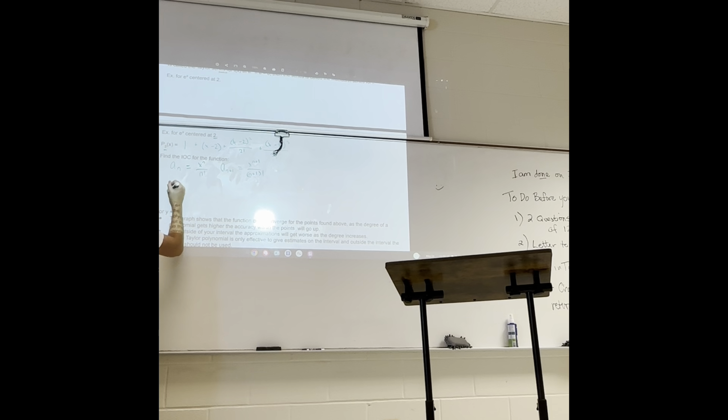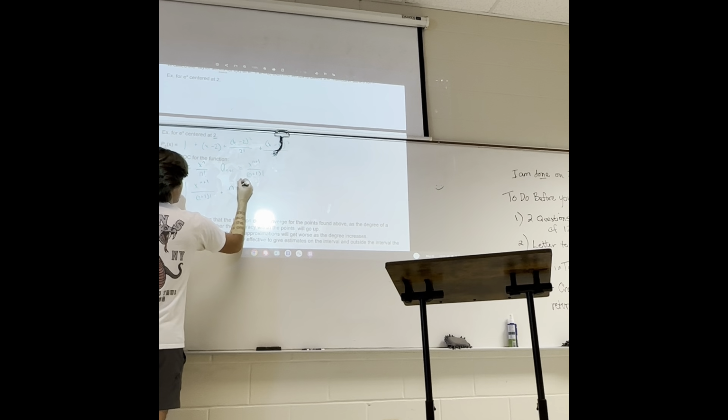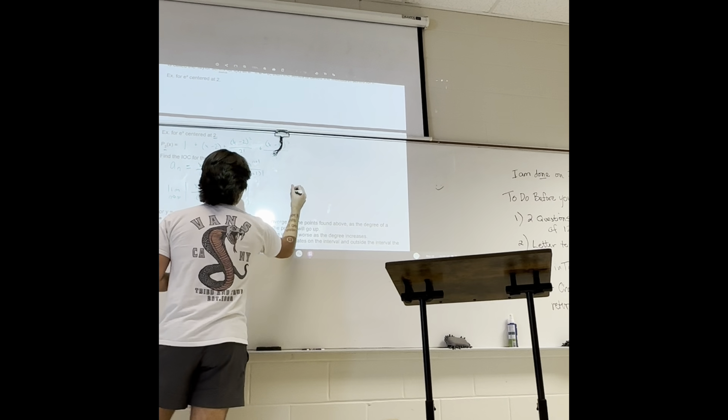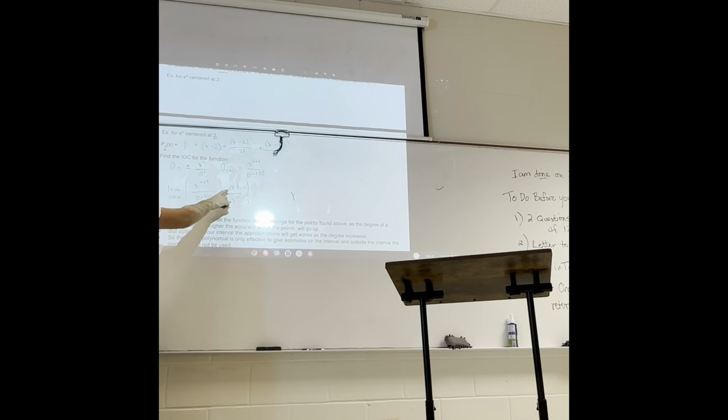So you're going to take the limit as n approaches infinity of the absolute value of a sub n plus 1, which is x to the n plus 1 over n plus 1 factorial, and then you're dividing by your a sub n, so you multiply by the reciprocal, which is n factorial over x to the n. So these terms are going to equal x, and these terms are going to equal 1 over n plus 1.